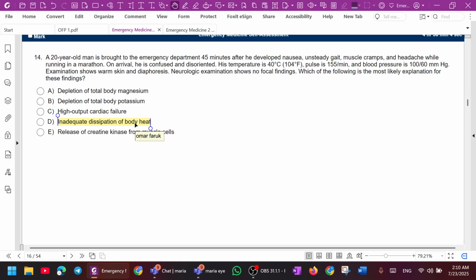Pulse is 110 per minute, respiration is 30 per minute, blood pressure is 90/50. Pulse oximetry on room air shows oxygen saturation of 92%. Physical examination shows no abnormality. Which of the following is the most appropriate next step in management?